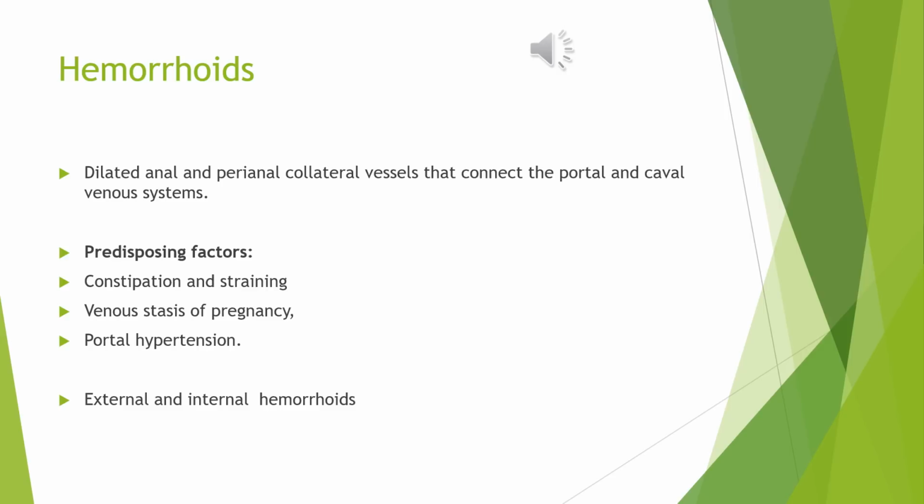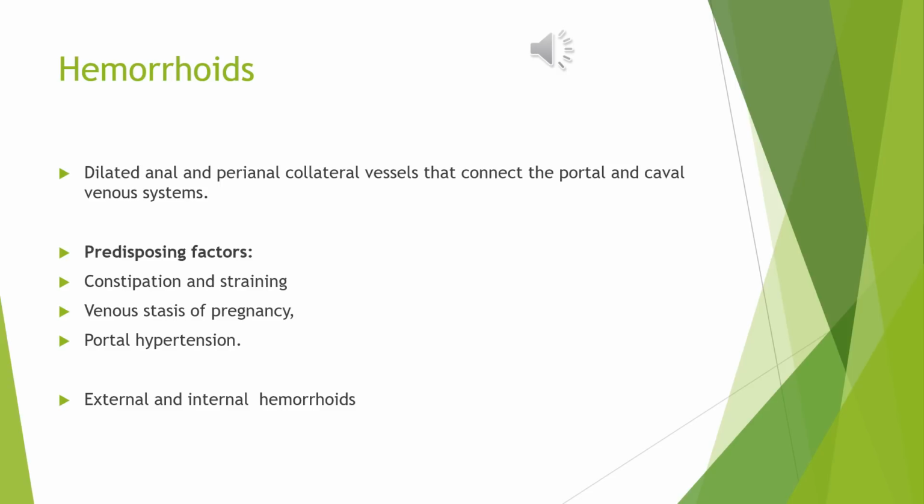The hemorrhoids are dilated veins, submucosal veins in the anal and rectal mucosa. The pathogenesis of hemorrhoids is similar to the pathogenesis of esophageal varices.